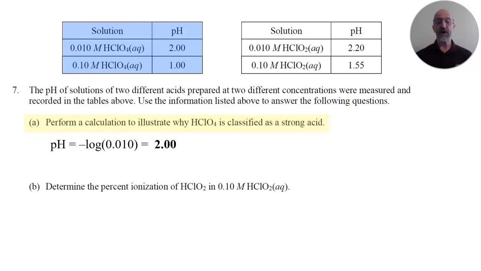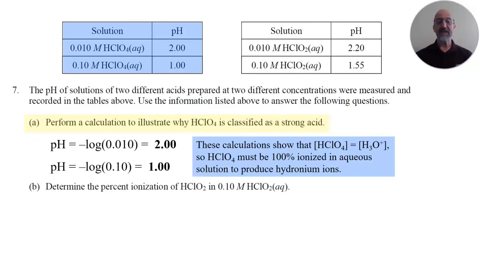What is the negative log of 0.1? That would be 1. So we can see that these calculations show that the concentration of perchloric acid is the same as the concentration of the hydronium ion in solution. So therefore, perchloric acid must be 100% ionized in aqueous solution, because taking the negative log of the concentration of the acid gives us the pH.